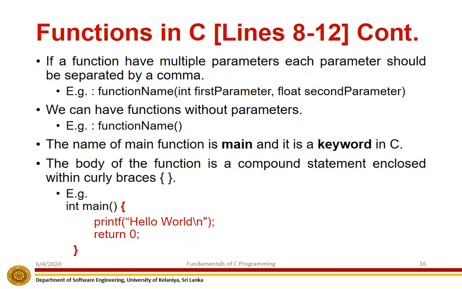The body of the function is a compound statement enclosed with curly braces. In our example, int main, then opening the curly braces, then the function body, printf hello world, return 0, and closing the curly braces.